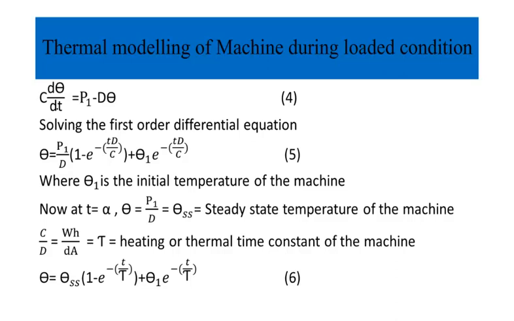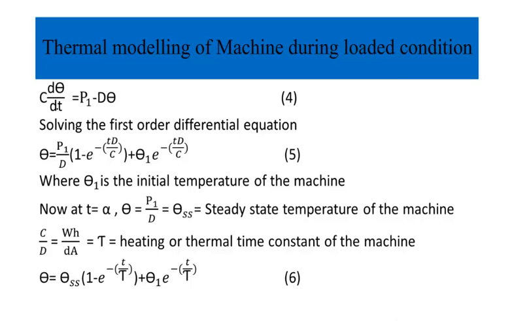Now, C by D is equal to W H by D A, and its unit is second. C by D is represented as tau and is also known as the heating or thermal time constant of the machine. So the expression of temperature during load condition can be written as theta is equal to theta SS into 1 minus e to the power minus t by tau, plus theta 1 into e to the power minus t by tau.